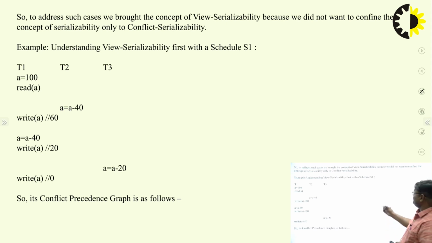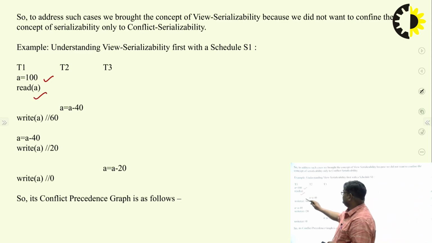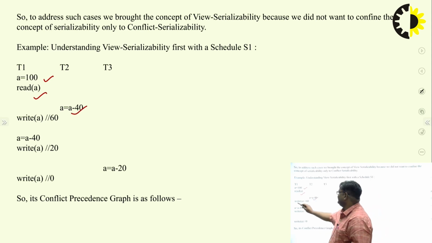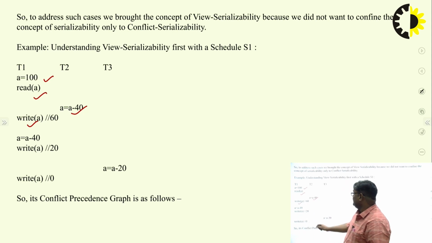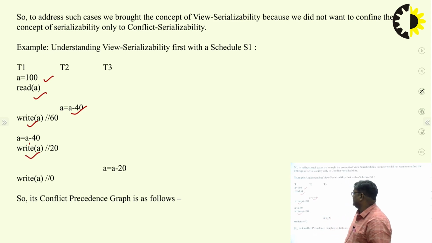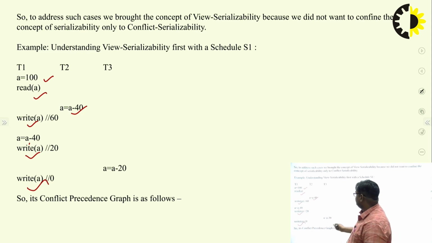Here A is 100, T1 is reading A, then T2 subtracts something from A and writes A. T1 also reads A, subtracts something, and writes on it.